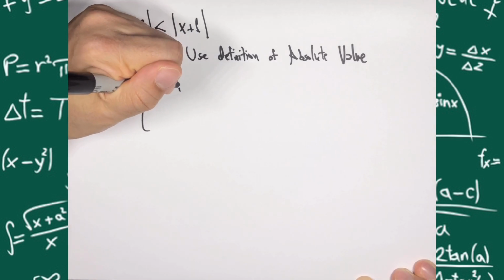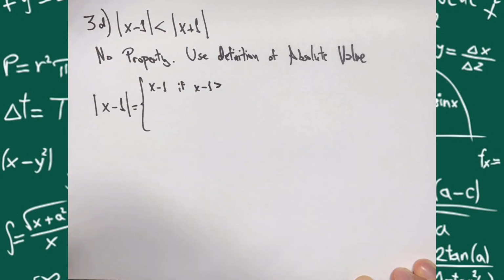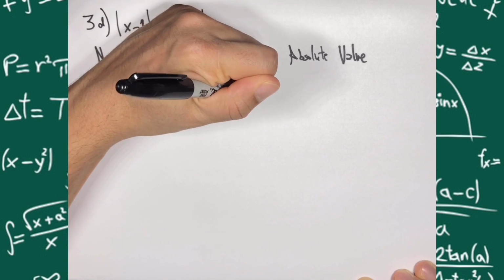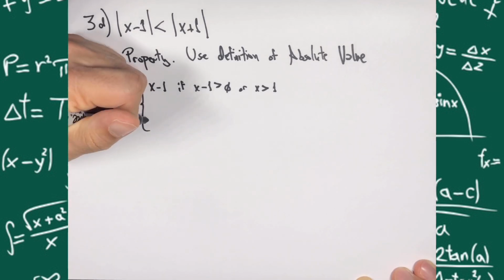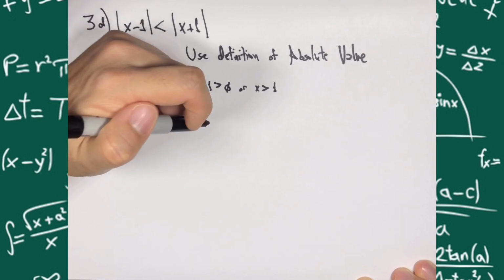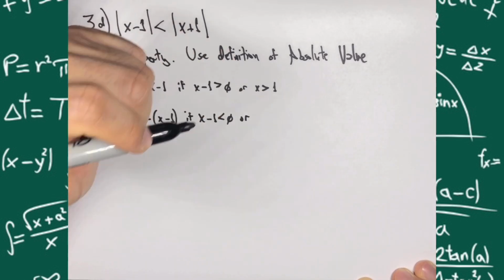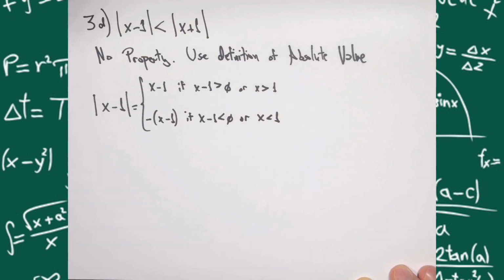According to the definition, we're going to have x minus 1 if x minus 1 is greater than 0, or x is greater than 1 on the one end, and on the other end, we're going to have the complementary part of the definition, which is minus parenthesis x minus 1 if x minus 1 is less than 0, or solving that, x is less than 1. So here's the definition. This is how we decompose absolute value of x minus 1.